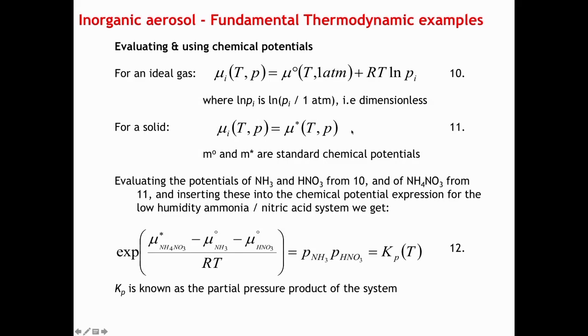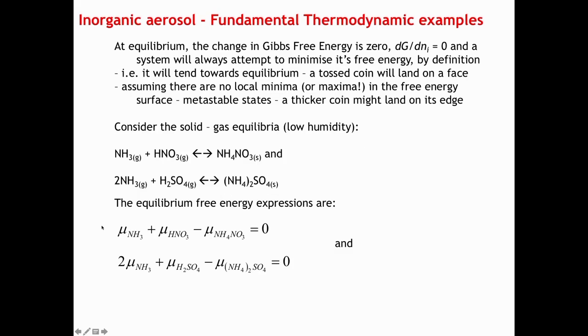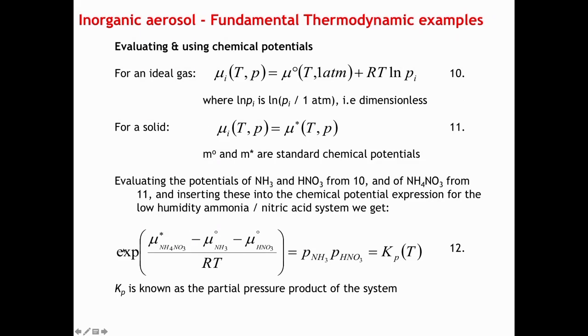So for an ideal gas, we've got the chemical potential as a function of temperature and pressure equals the standard potential plus RT log of the vapour pressure. And for a solid, the chemical potential is just the standard potential at that temperature and pressure. So what you can do is put these back into this expression here and exponentiate to come up with this expression.